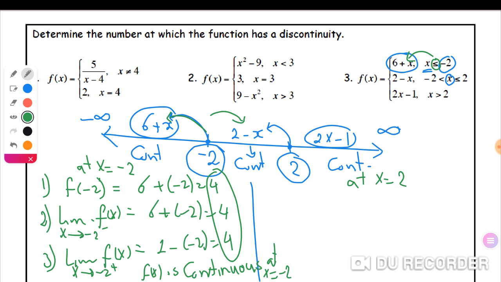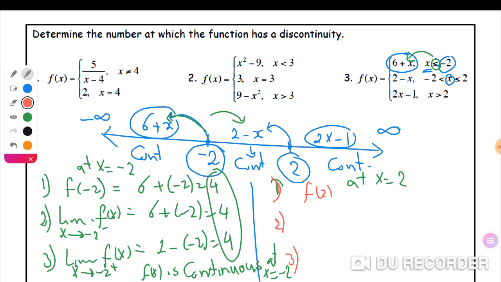So up to now I didn't find any value of x at which the function is discontinuous. I have to discuss the continuity at x equal 2. By the same way, step 1, step 2, step 3. Step 1, f of 2.